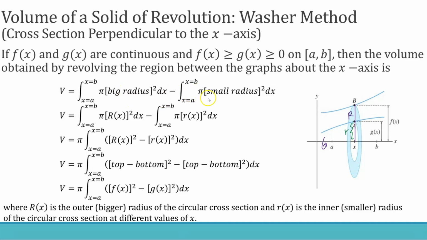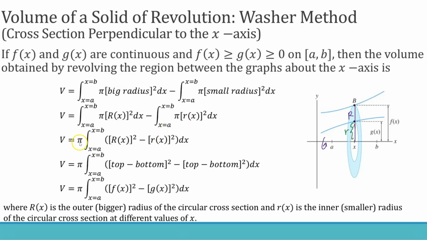So it's doing two separate integrals, but because we have the same limits of integration on each, we can actually combine them together. The big radius I'm calling capital R of x, the small radius lowercase r of x. They both have a pi, which is a constant multiplied in the integrand.